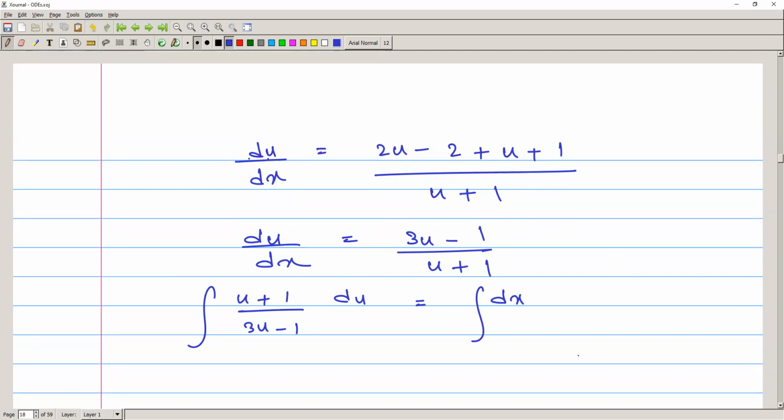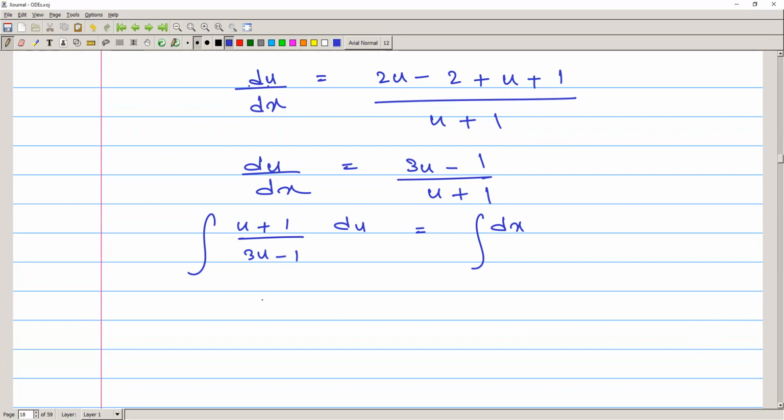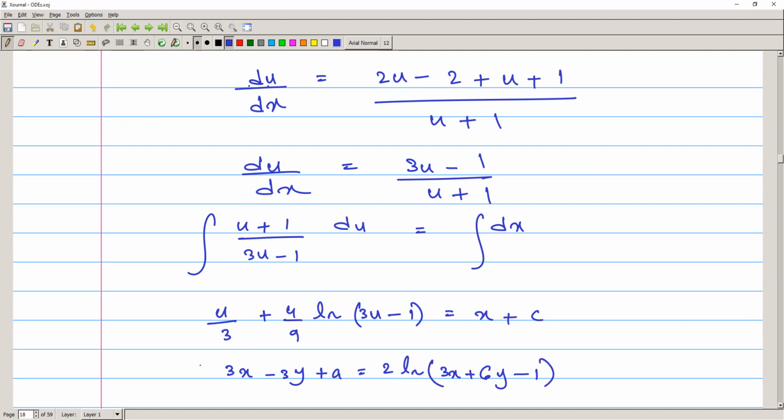And we can integrate this easily, so the solution will be u over 3 plus 4 over 9 ln (3u minus 1) is equals to x plus c, which on further simplification we will get 3x minus 3y plus a is equals to 2 ln (3x plus 6y minus 1). So I write it directly.